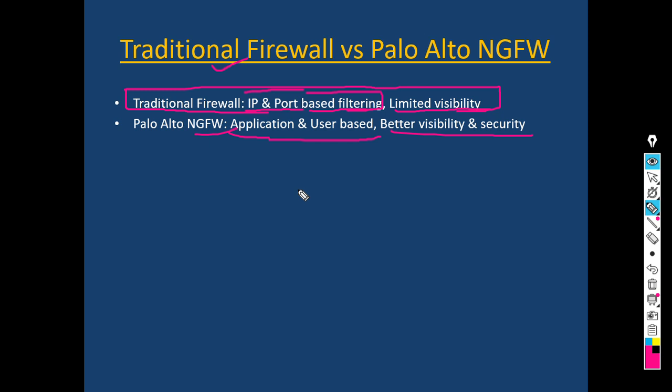So if we want to give access only to IT engineers, we can do that on the basis of user ID. All these advanced features we have in a next generation firewall. We will learn about user ID, applications and all this in detail in further videos. So let's move on to the next slide.